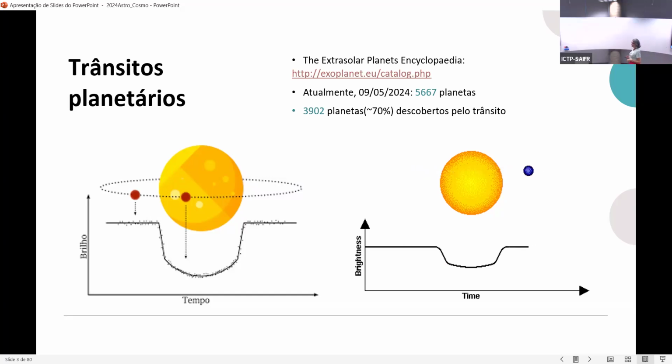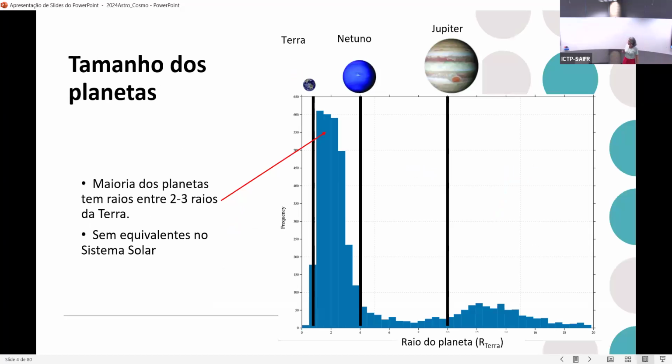The major discoverer of planets was the Kepler satellite, which is not in operation anymore, but there's TESS, which is its successor. And what has it discovered? Here is a histogram of planet sizes, for Earth, Neptune and Jupiter sizes.